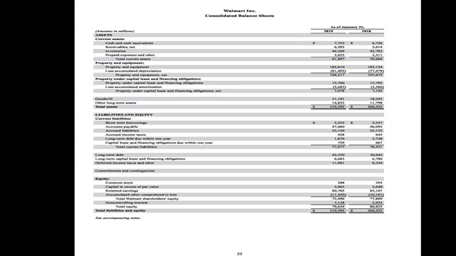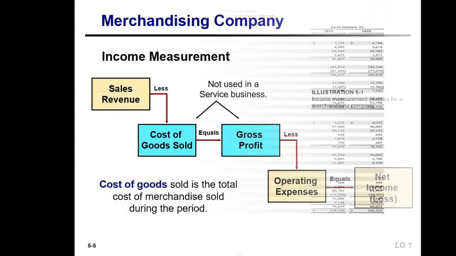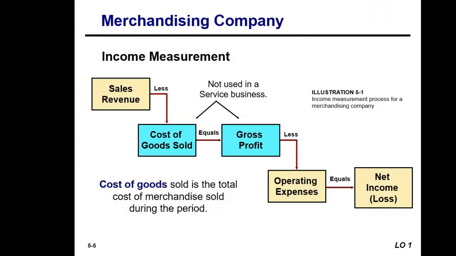Because these numbers are in millions, that means that for Walmart, their total inventory is roughly $44.2 billion. I'll say it again, $44.2 billion worth of inventory. That's why we have an entire chapter dedicated to learning how to properly record our different types of inventory transactions.